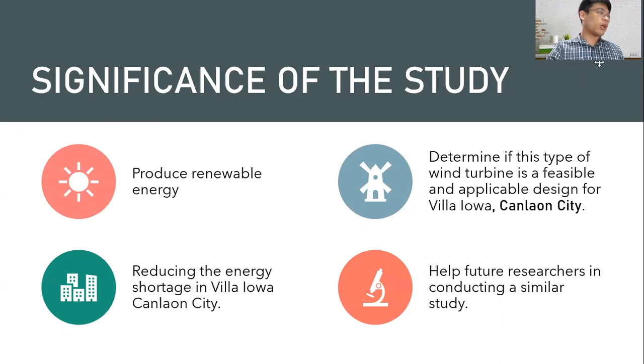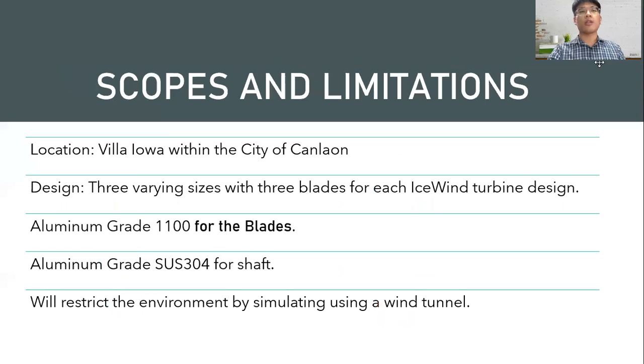Last but not the least, we have scopes and limitations. The first limitation is that our location will be limited to Villa, within the city of Canlaon. For the design, we have three varying sizes with three blades for each IceWind turbine design.